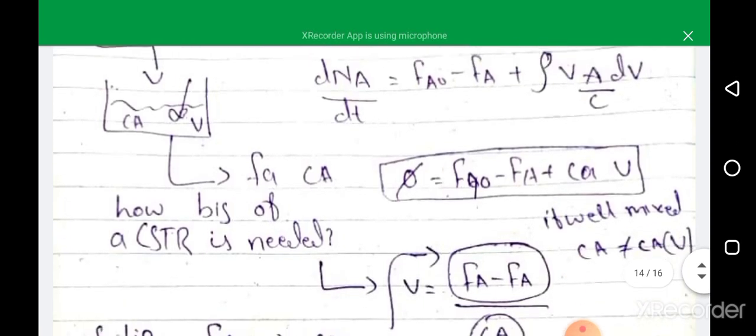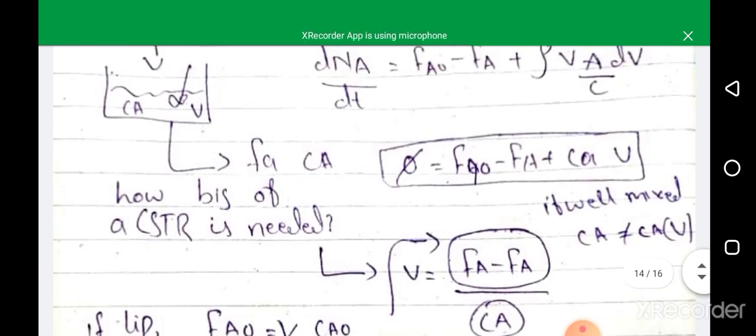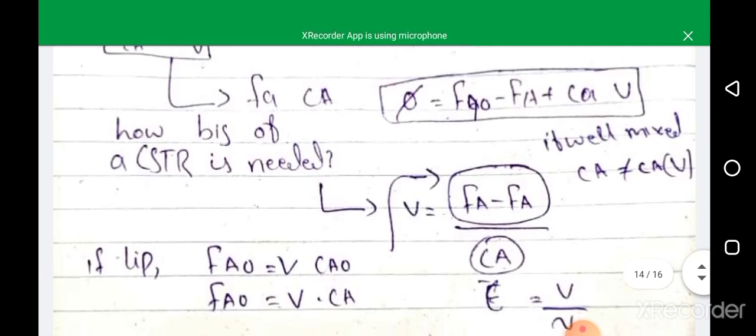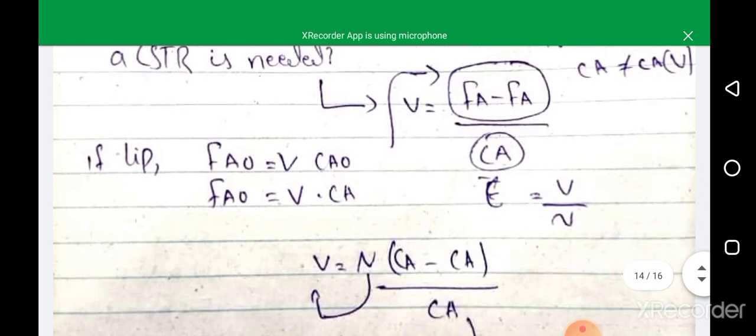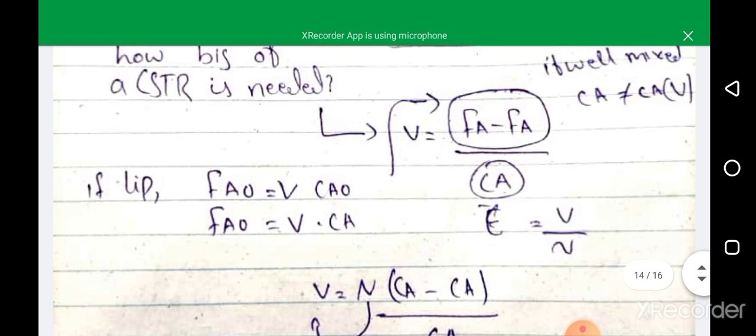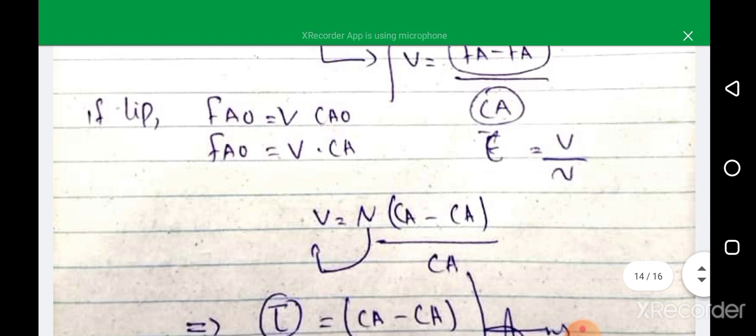Now this equation shows how big a CSTR is needed. We know that FA0 is equal to v0 CA0, and FA is equal to v0 CA.